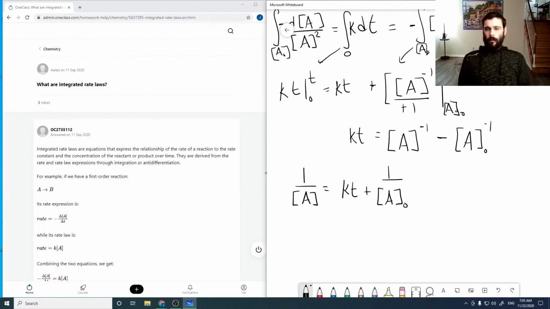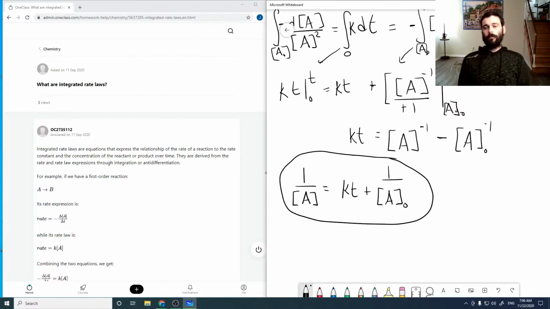And so this is our second order, in this very simple case, integrated rate law.